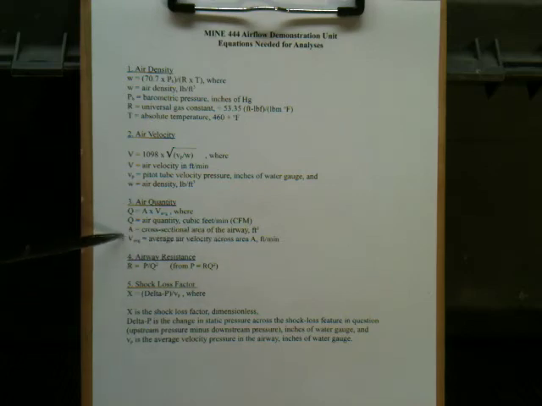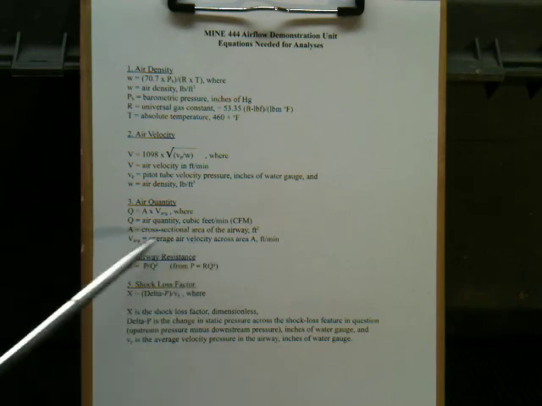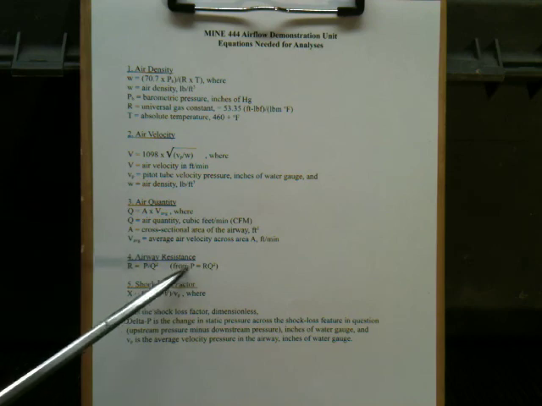So you're going to get this for the most part from the centerline velocity pressure. You'll convert that to a centerline velocity, multiply it by the correction factor from the first lab exercise, and you'll get the average velocity. Airway resistance, R equals P over Q squared, which comes from P equals R times Q squared. So units there are just based on whatever P and Q you use.